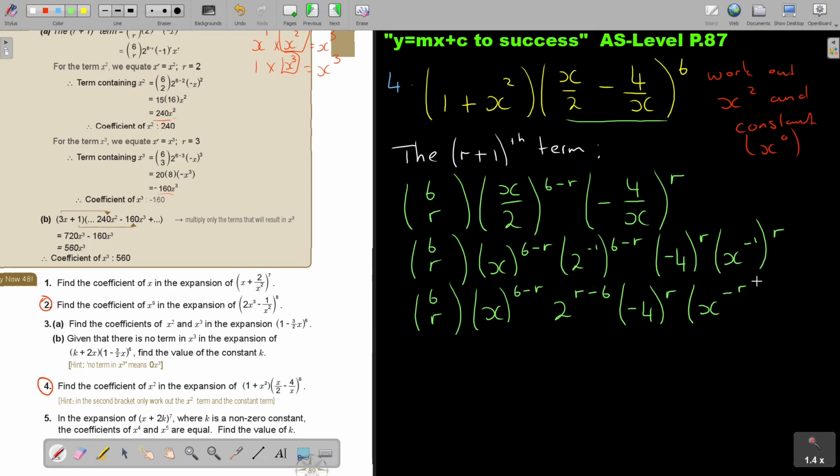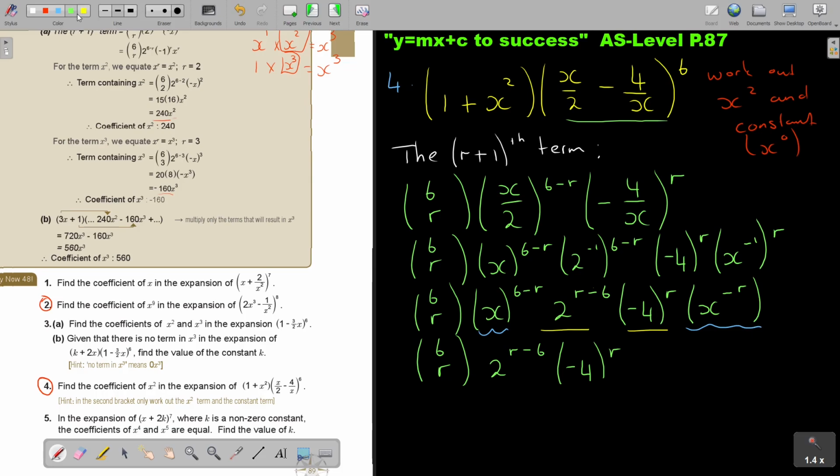Now if I simplify this, it's going to be 6Cr. Bring all your constants to the front, so it's going to be 2^(r-6) and (-4)^r. But I'm looking for this, and I want to simplify actually this x part. I want to make it one term.